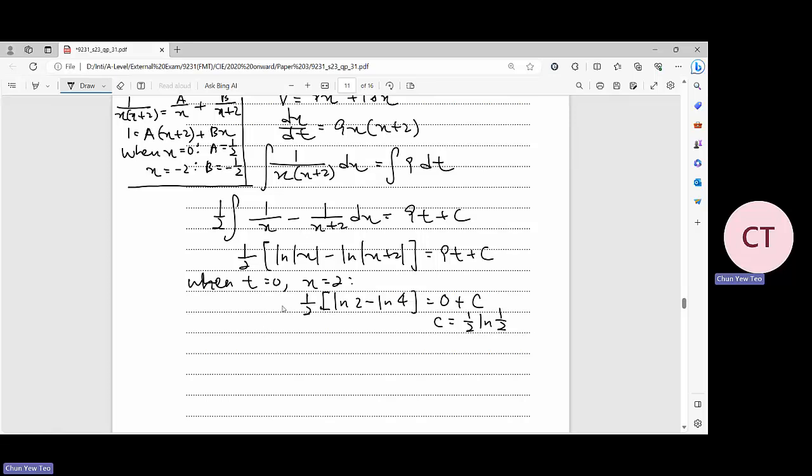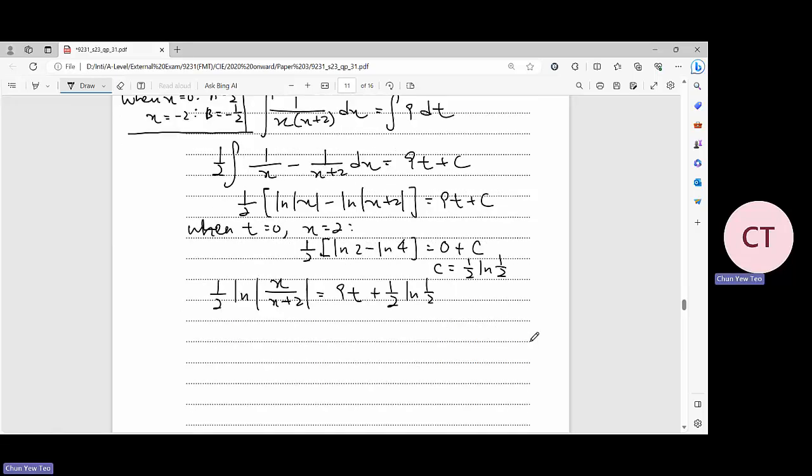So from here, back to these equations, I will be getting this. Join together, it is equal to 90t plus half ln half. So join together again, you have a ln. So straight away, 2x over x plus 2 equal to 90t.